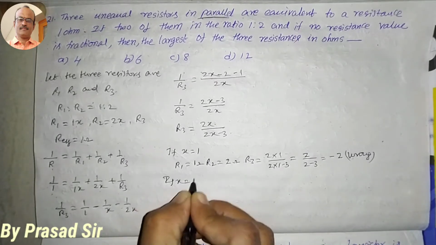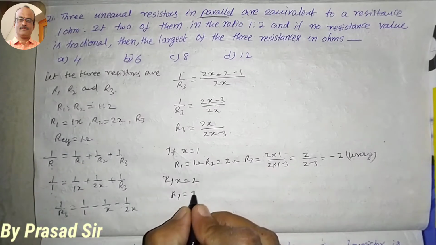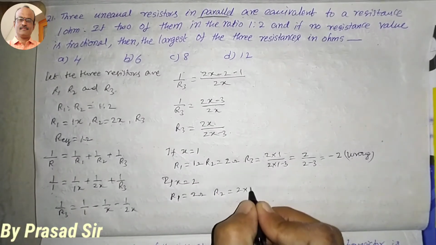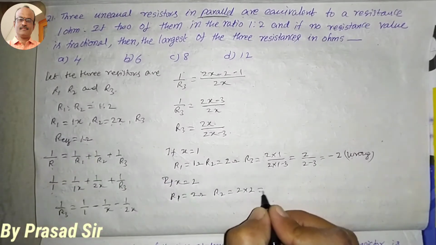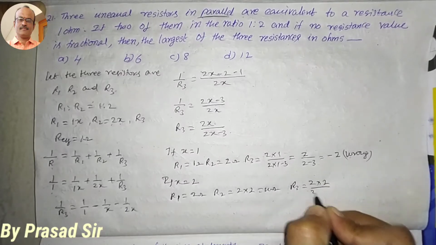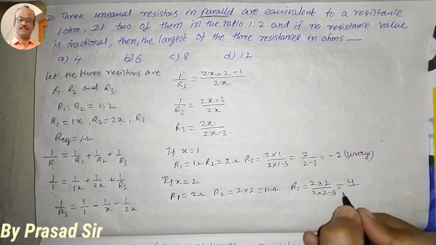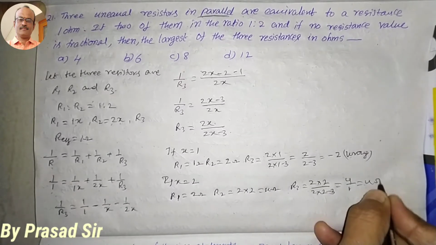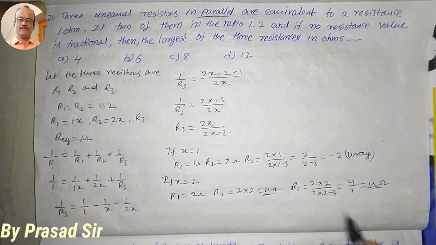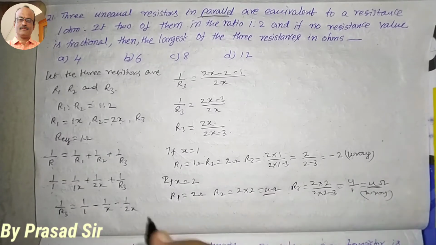Suppose x is equal to 2. R1 is 2 ohms, R2 is 2 into 2, that is 4 ohms, and R3 is 2 into 2 divided by 2 into 2 minus 3, so 4 divided by 1 is 4 ohms. But here two resistors are the same, so that's why this is also wrong.